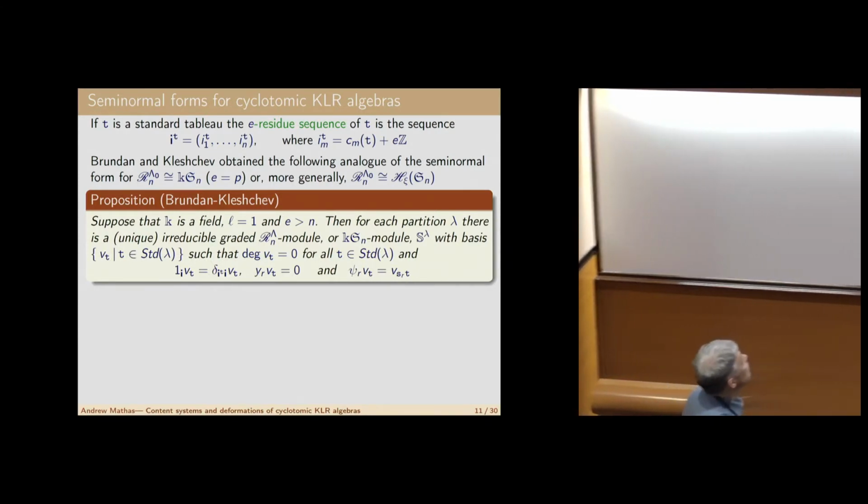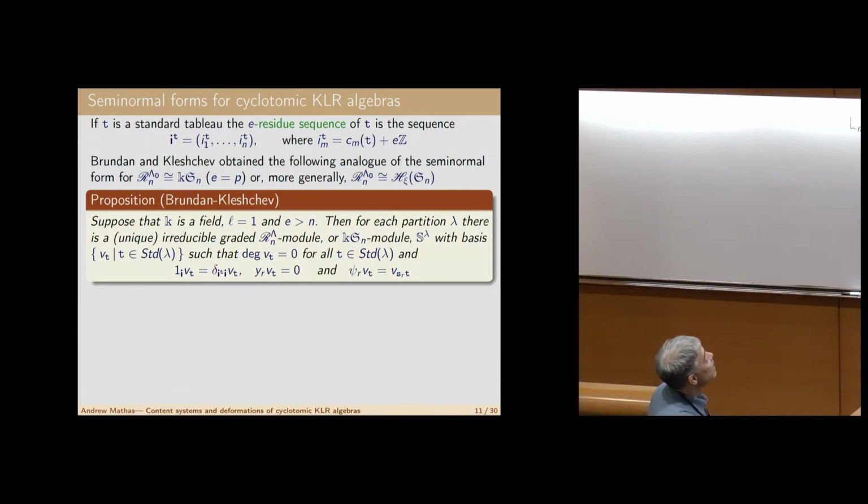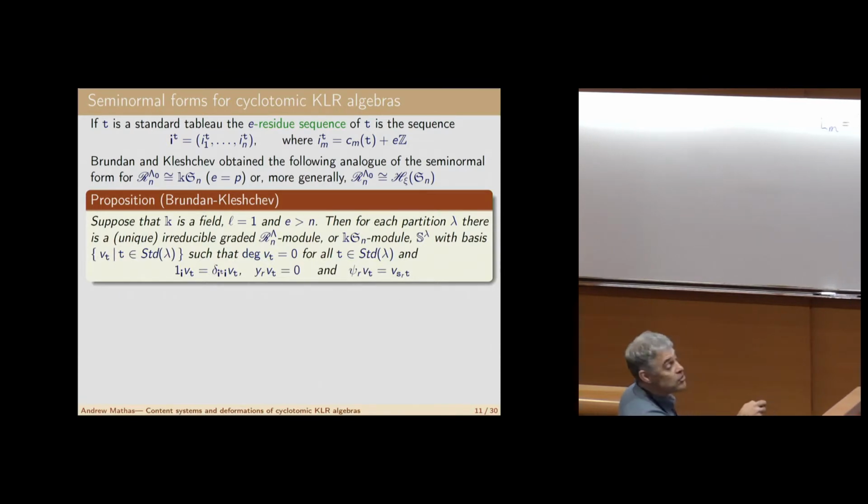The difference. So here I have contents. My contents are 0. These are acting as 0. But that's only, well, it's not really Jucys-Murphy at all, because these y_r are 0 in this case. But over here, I've got my Jucys-Murphy elements acting via residues.